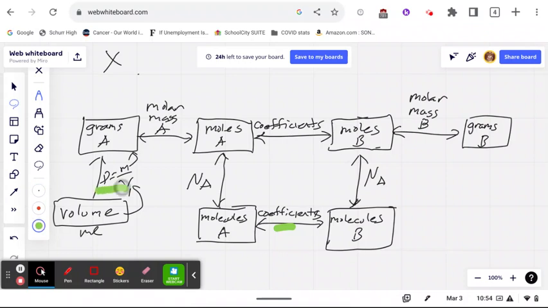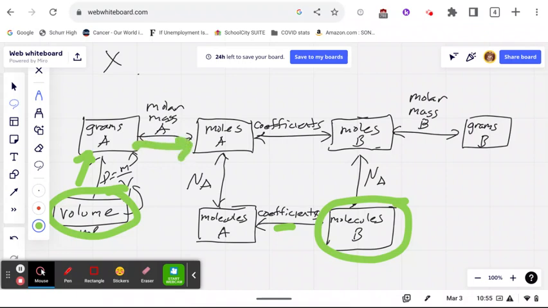So here we go. We'd have the volume here, and then maybe you're asked for how many molecules of the other substance you'll end up with. So you go ahead and turn your volume into grams. Then once you have grams, if you know the substance, you can use the molar mass to turn it into moles.